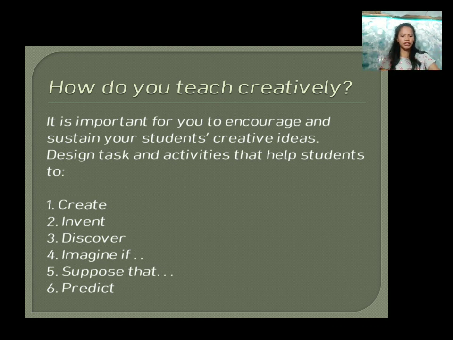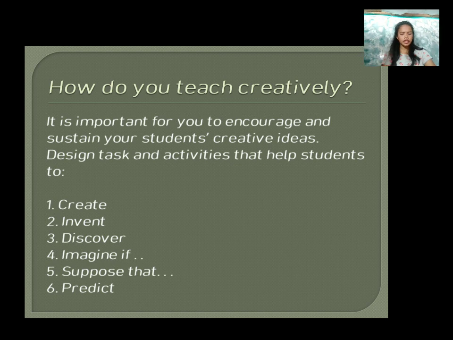So, example dito is discover a way to explain why heavy ships float at sea. As teachers, it's very important na na-apply natin yung sarili nating creativity or umiisip tayo ng mga bagay na alam natin makakatulong sa ating mga estudyante.